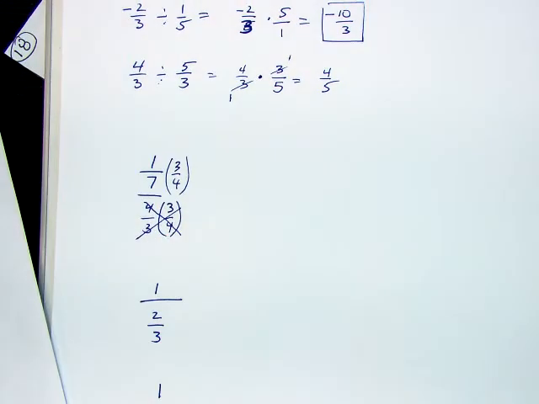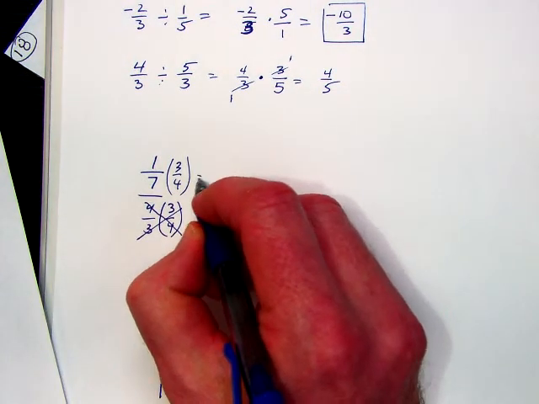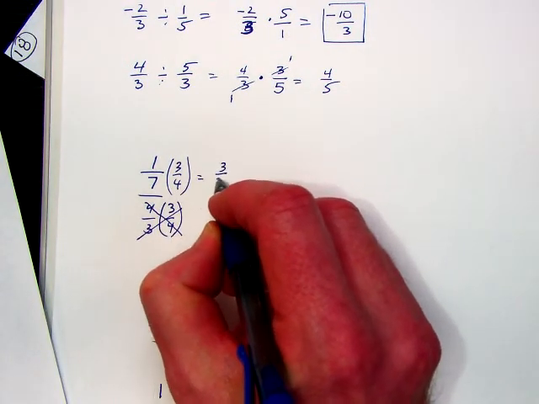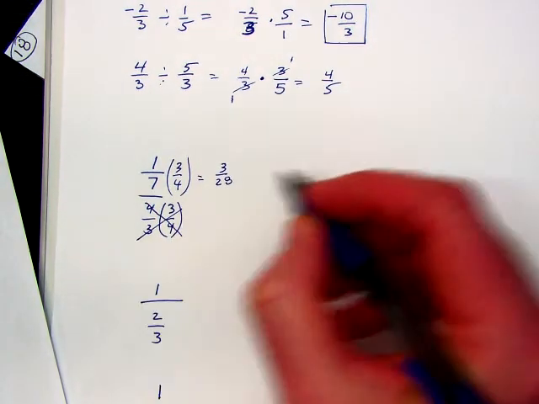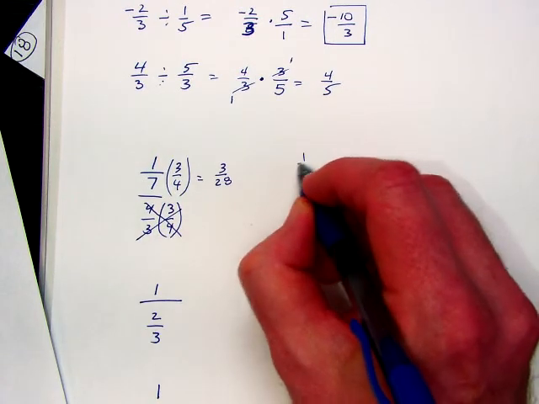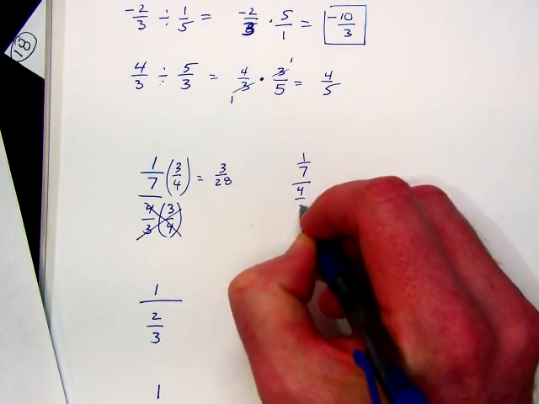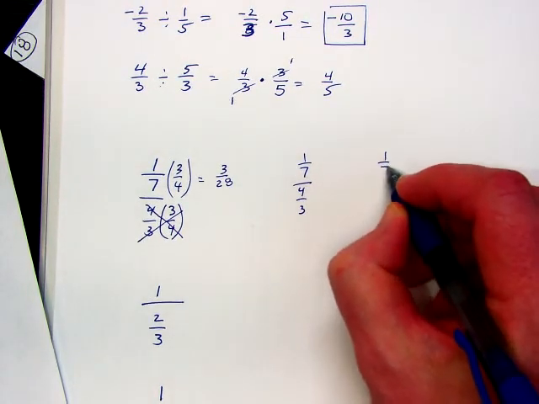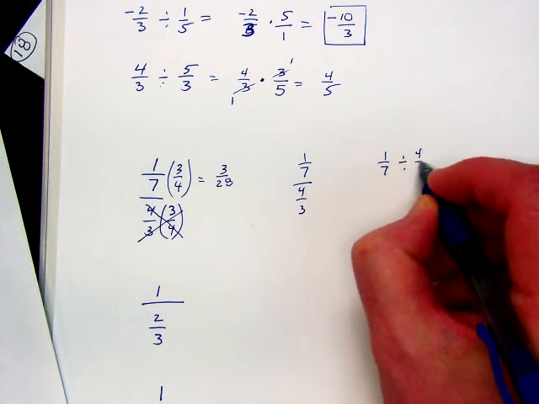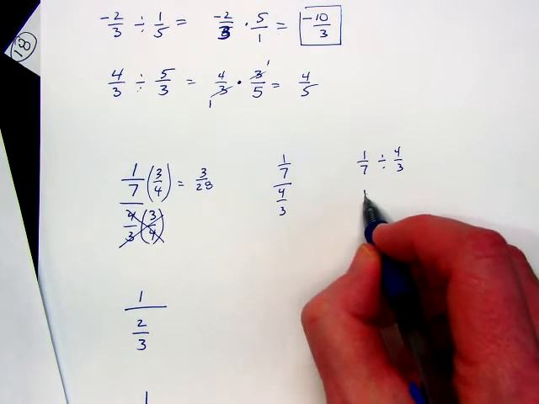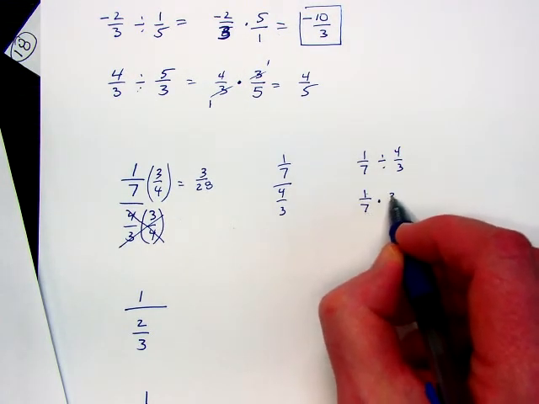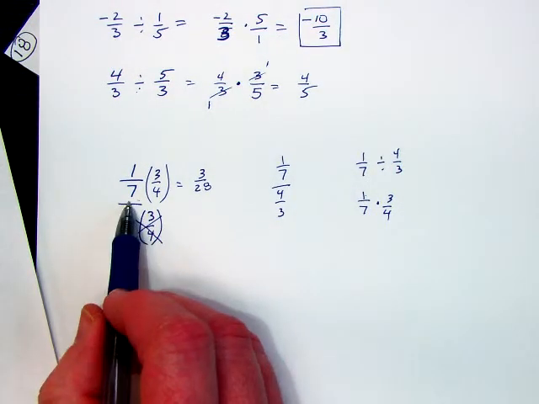Okay? So when I multiply across the top, like I'm very comfortable doing, that's 3 over 28. And the reason that works, that original problem of 1/7 divided by 4/3, well, if you flip it and multiply, it's 1/7 times 3/4, which is what we had here.